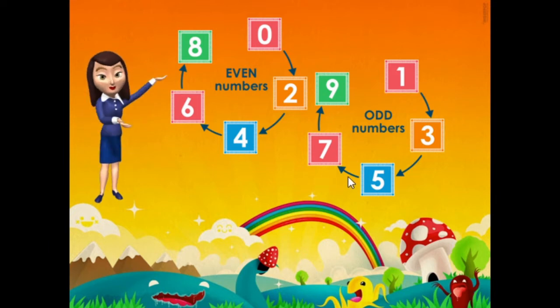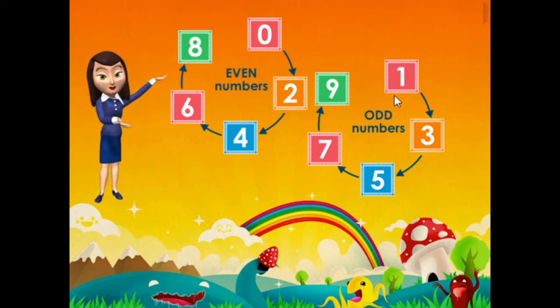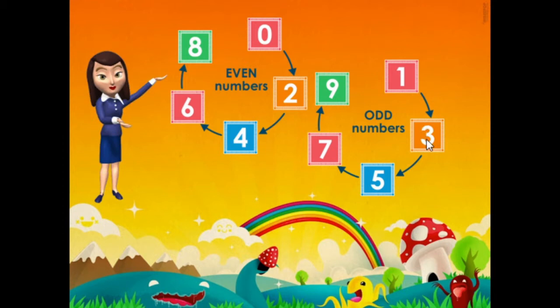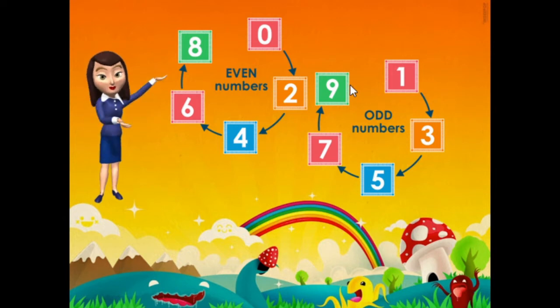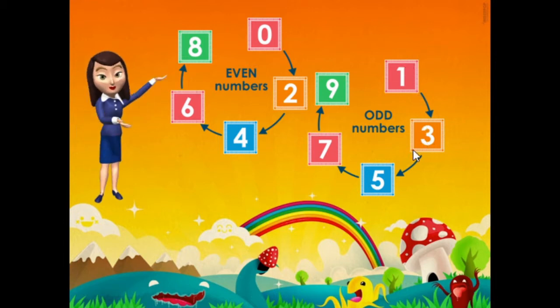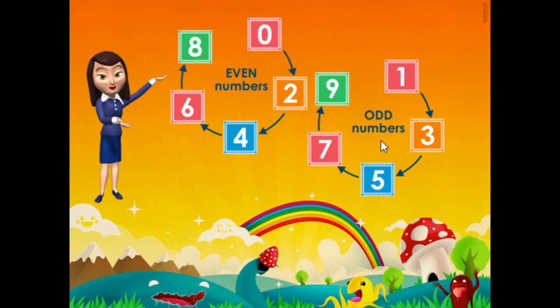Very good. Now, again, odd numbers are numbers ending with 1, 3, 5, 7, and 9. And all 2, 3 or more digit numbers ending with 1, 3, 5, 7, and 9 are all odd numbers.